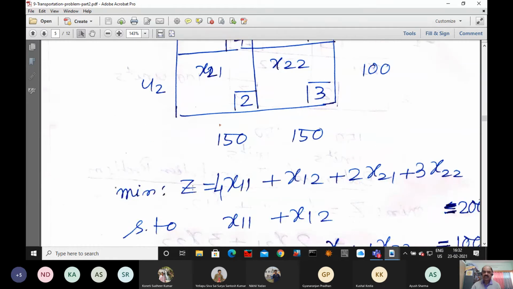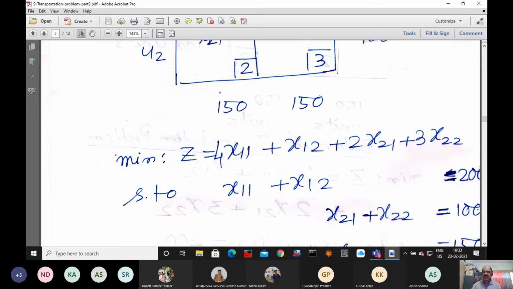Minimize z equal to 4x11, x12, then 2x21 plus 3x22, subject to x11 plus x12. These 2 terms are not available, so 0 plus 0, that is equal to 200. Then the second constraint, the first 2 terms are not available, so x21 plus x22 equal to 100.